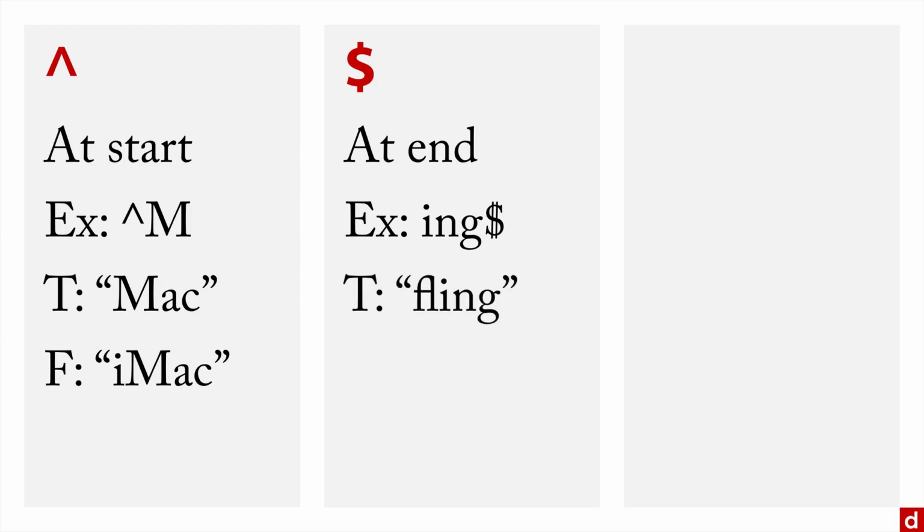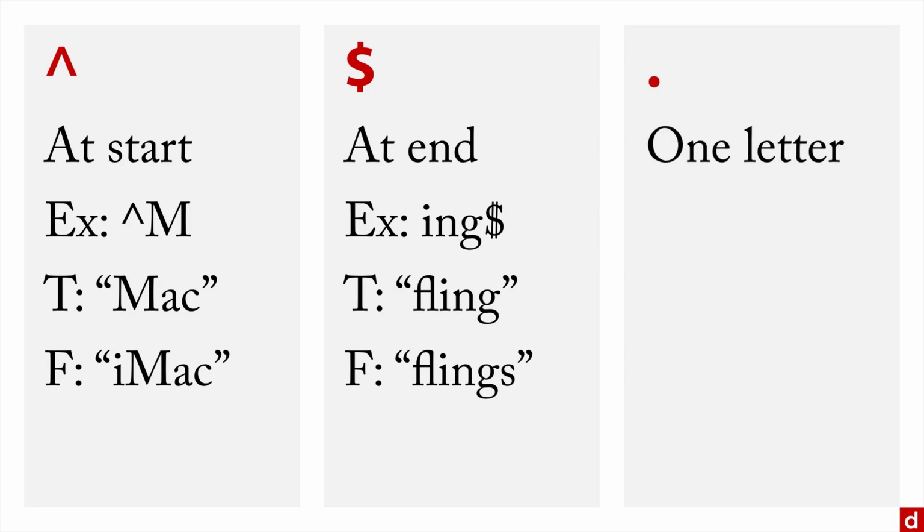The $ sign means you're looking for something that is at the end of the string. So for example, ing and then $ sign, that'll find the word fling because it ends with ing, but it won't find the word flings because it actually ends with an S. And then the dot, the period, simply means we're looking for one letter, and it can be anything.